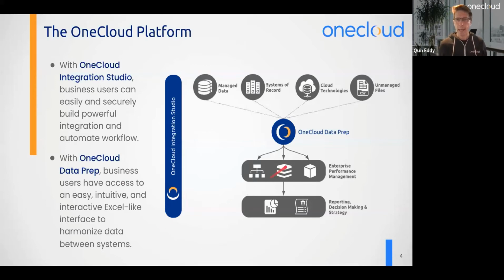In between that, we have what's called OneCloud Data Prep. OneCloud Data Prep is designed to transform and map data and harmonize that content between application sets. So in summary, the OneCloud platform has these two primary components to bring that connected enterprise together so that you can have better connected planning and better connected reporting.